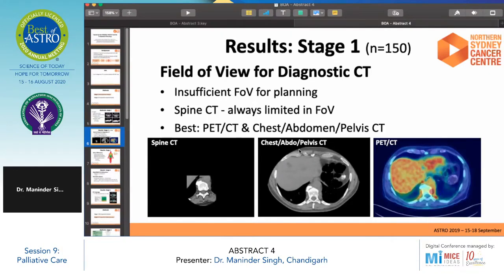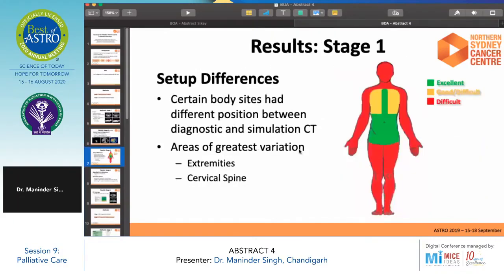They were assessed for field of view, difference in patient position, and other potential factors which would impact radiation dose if the CT simulation were not required, such as Hounsfield unit comparisons and its impact on dose.